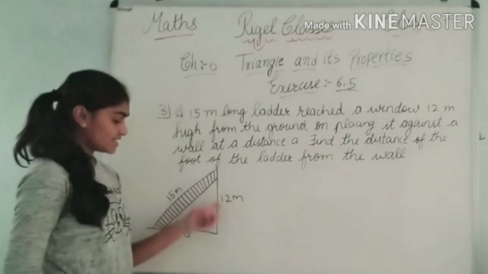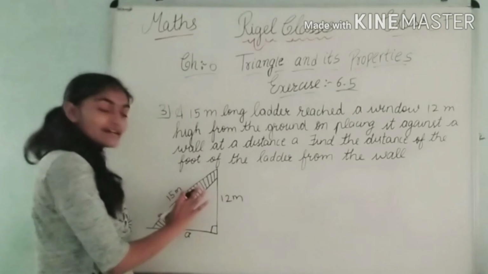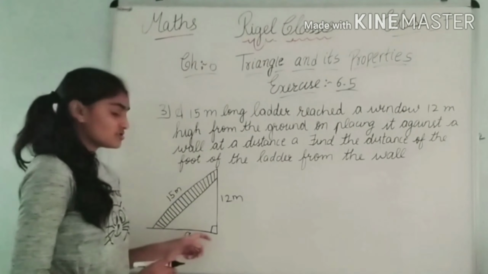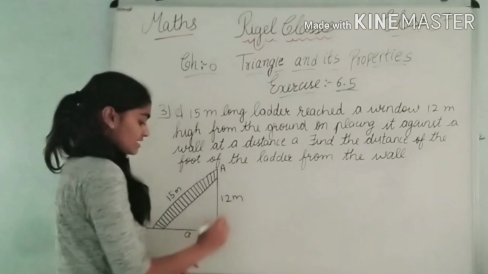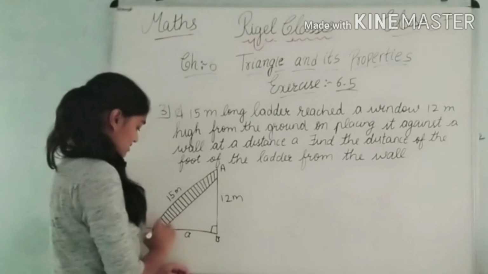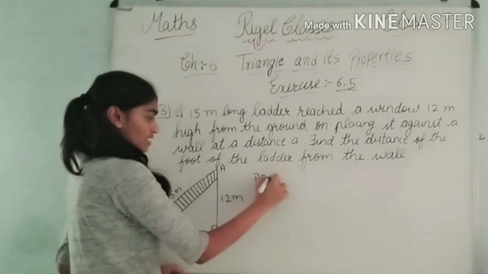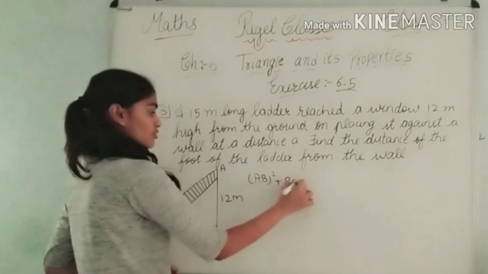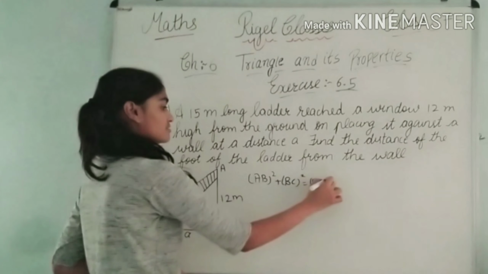So here we can see it forms a right angle triangle and this ladder forms the hypotenuse. So we need to find the base. So again we will use Pythagoras theorem. Let us name this triangle as ABC. So according to Pythagoras theorem, AB square plus BC square equals AC square.